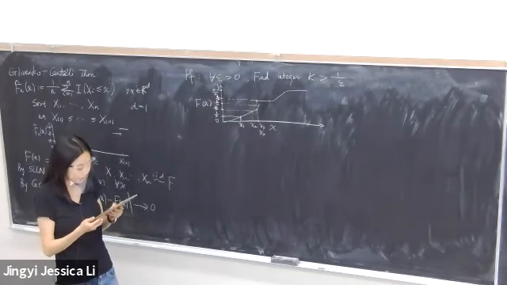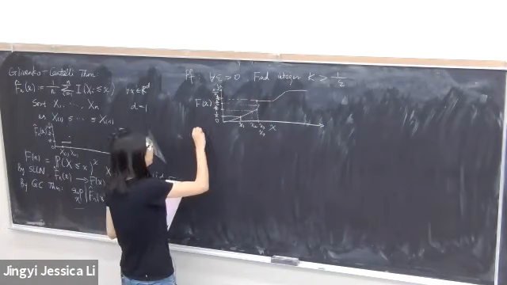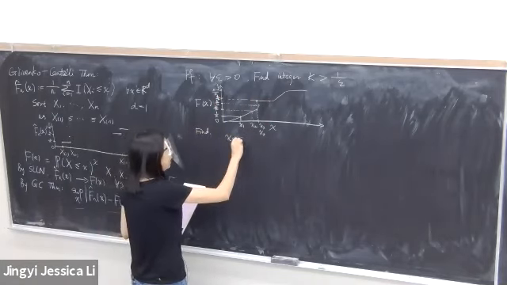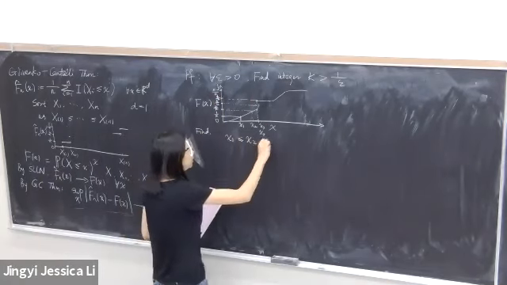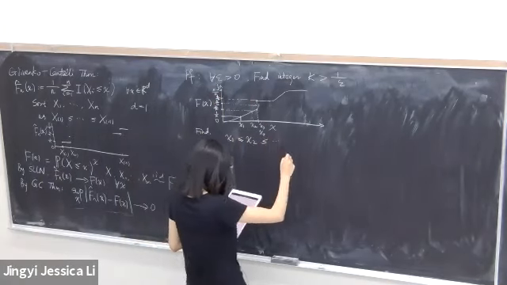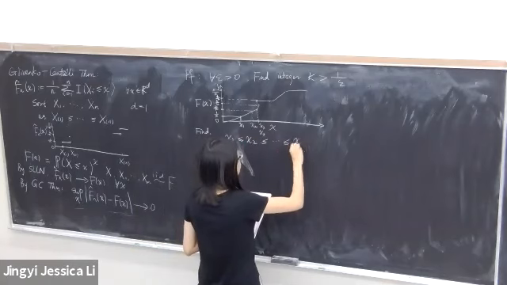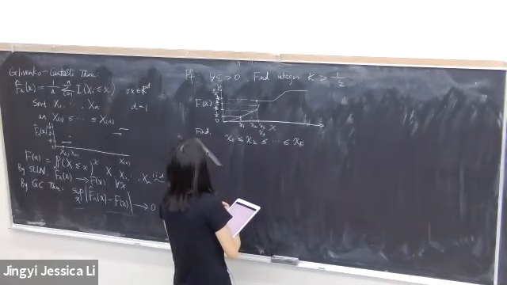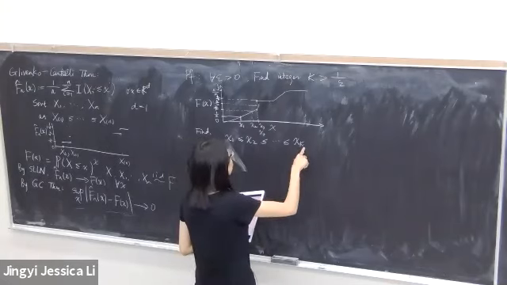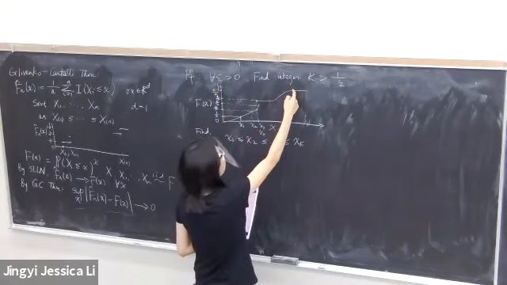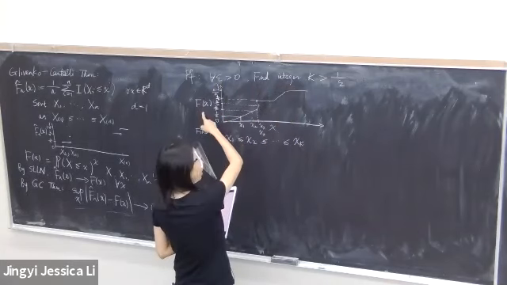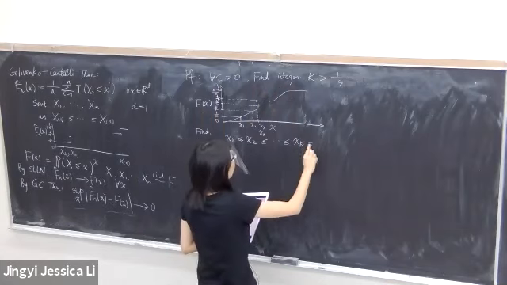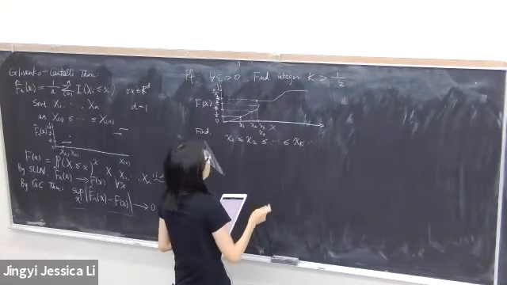So the whole idea is that I try to find x1 less or equal than x2 less or equal than up to xk. Here xk will be where my F reaches 1. So in other words, I can just set this xk to be where F reaches 1.